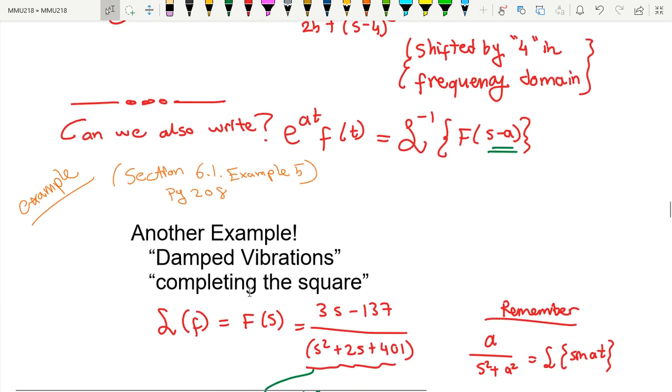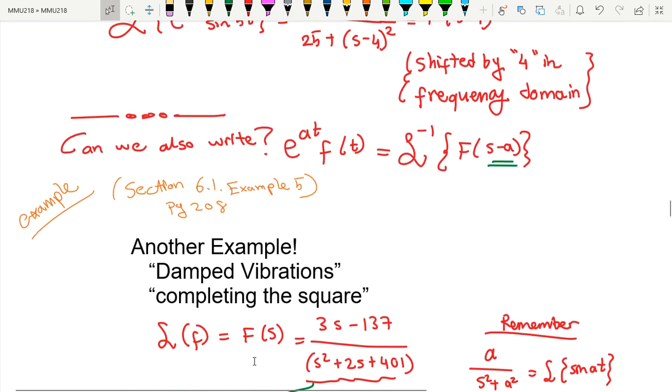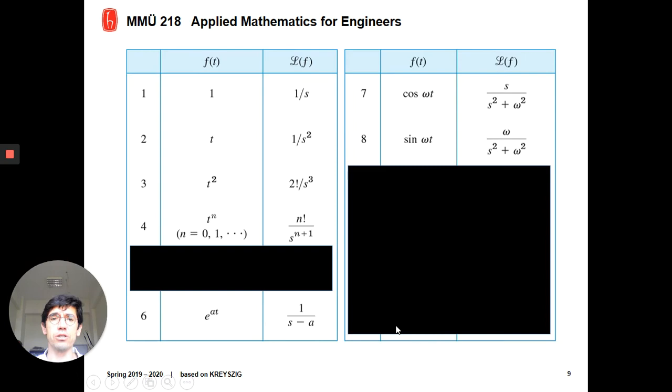So let's say I have a function like capital F of s equals 3s minus 137 over s squared plus 2s plus 401. That looks ugly. So I don't know how I can partition this function to make it look like something familiar that I saw on my tables, right?